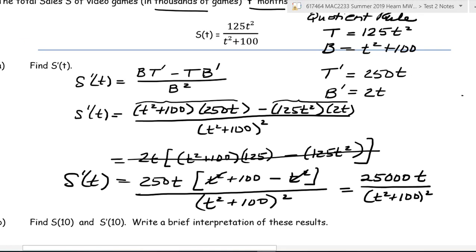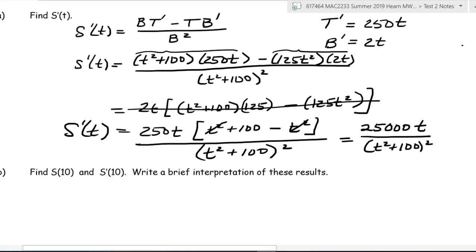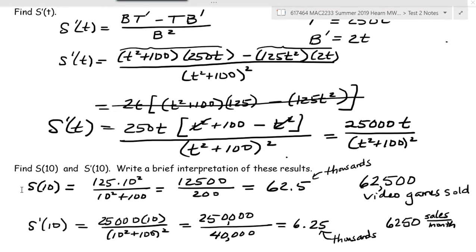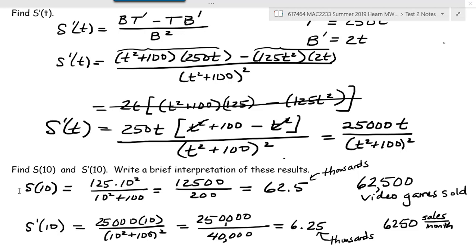And now it asks us to find s of 10 and s prime of 10 and interpret them. So plugging into each of these functions, for s of 10, we get 62.5. But remember, that's measured in thousands of video games. So multiplying by 1,000, that's 62,500 video games sold. Those are the total sales at 10 months.